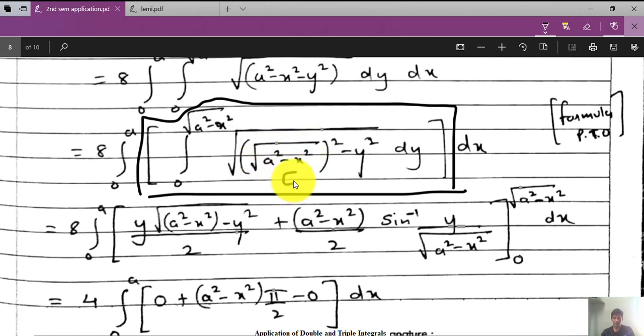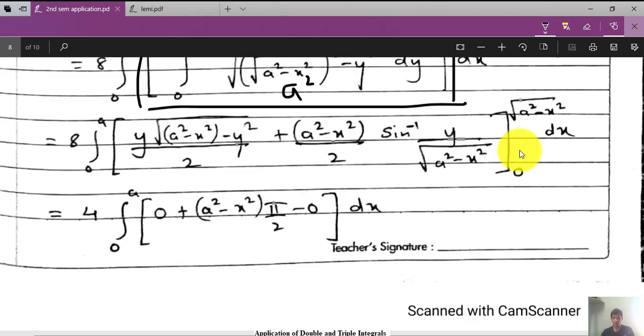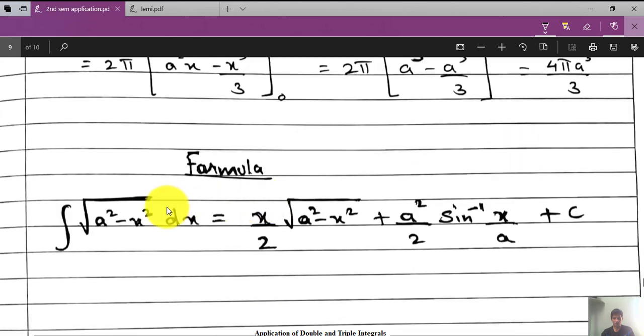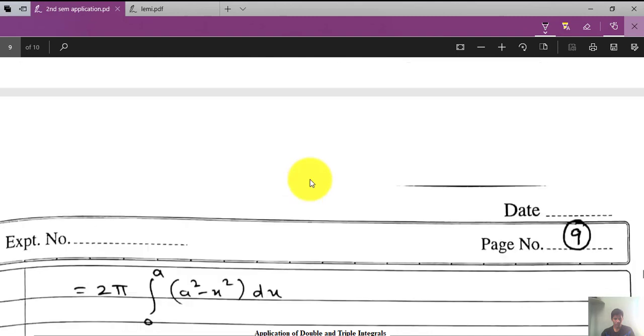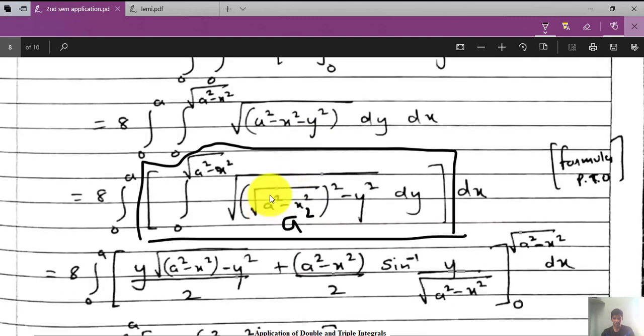If you take this as a square minus y square, you have a formula here. The part inside the bracket you considered some constant, some c or a in the formula. This is a square minus y square dy.